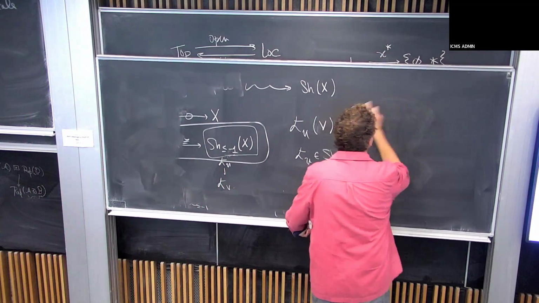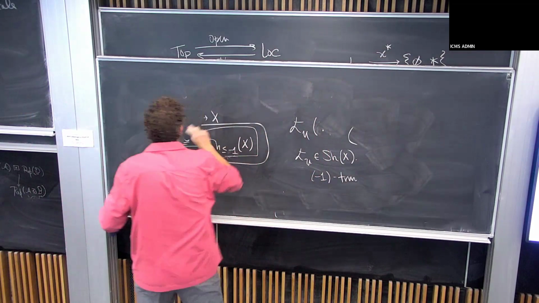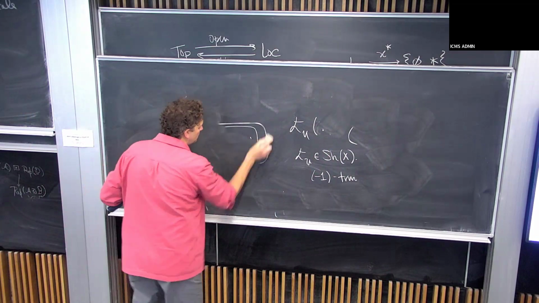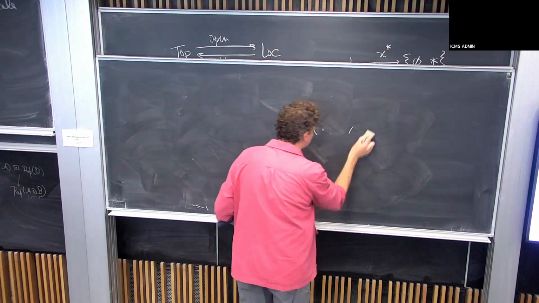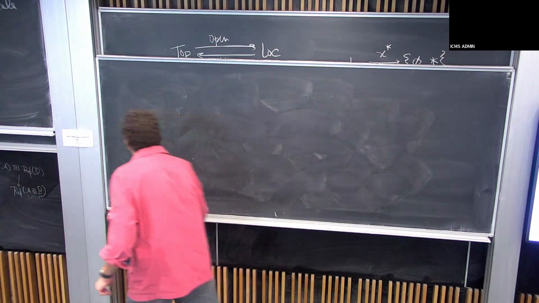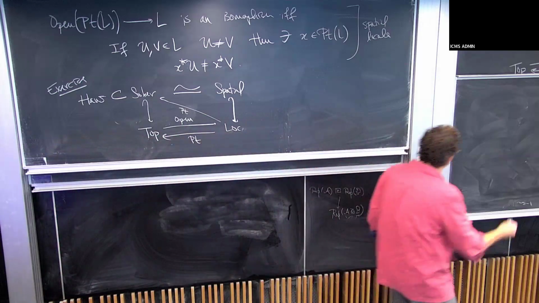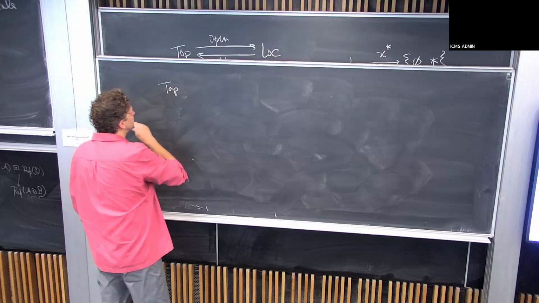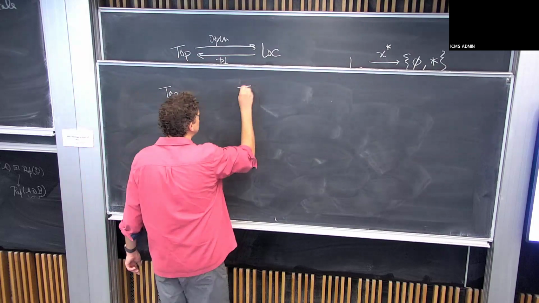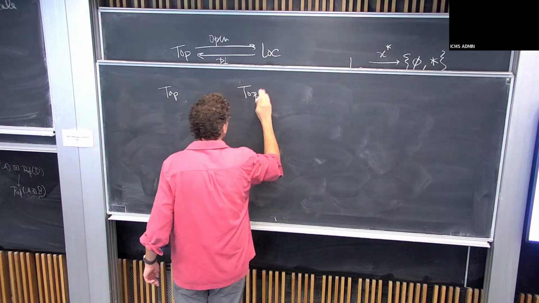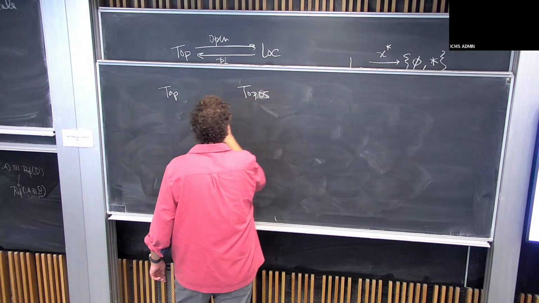So let me try and summarize what the point of all this is. What's happening here is that you take a topological space and you extract from it this topos by means of the category of sheaves.